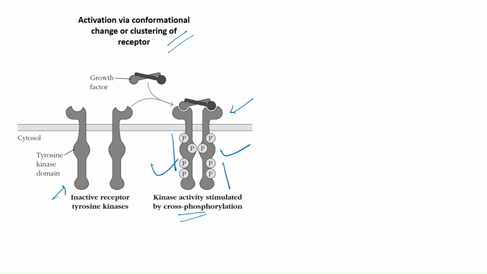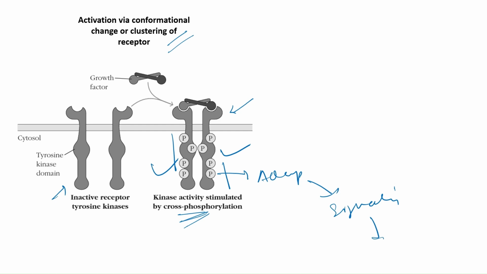So as soon as the ligand binds, there occurs a conformational change. The receptors that are present far apart now will come close together for the binding of that single ligand, and the cross phosphorylation will activate the receptor. And with this receptor, then an adapter will bind, this adapter will bind multiple signaling molecules, and that's how the process will proceed further.